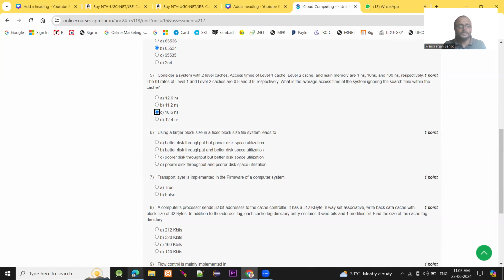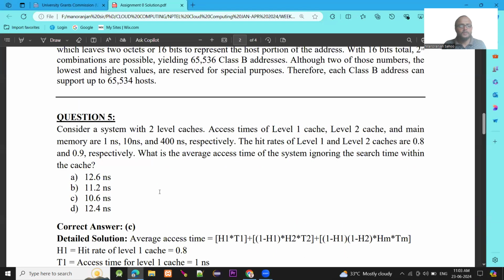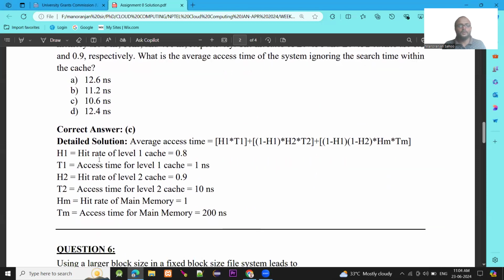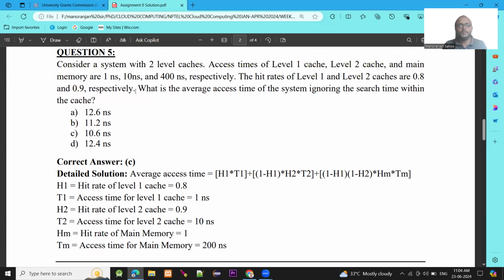We have to see the answer, 10.6. Here we know the average access time formula. H1 is the hit rate of level 1, which is 0.8. T1 is the access time for the level 1 cache, which is 1 nanosecond.